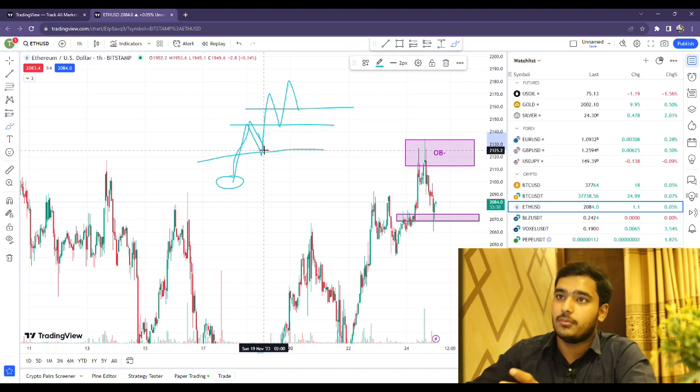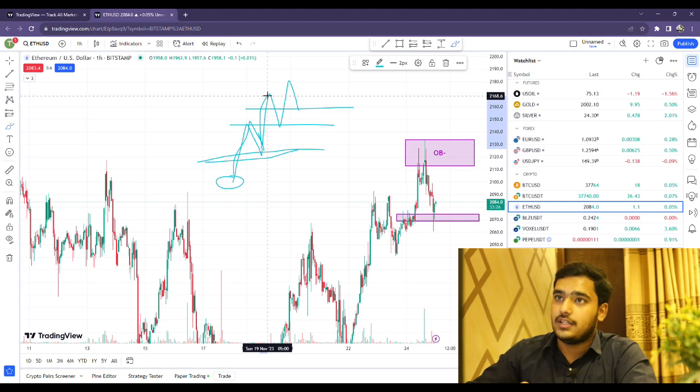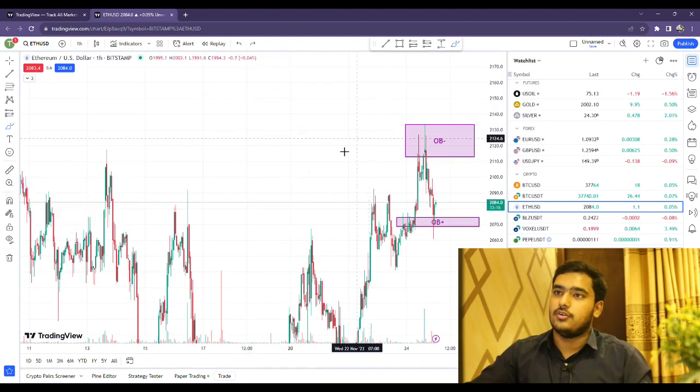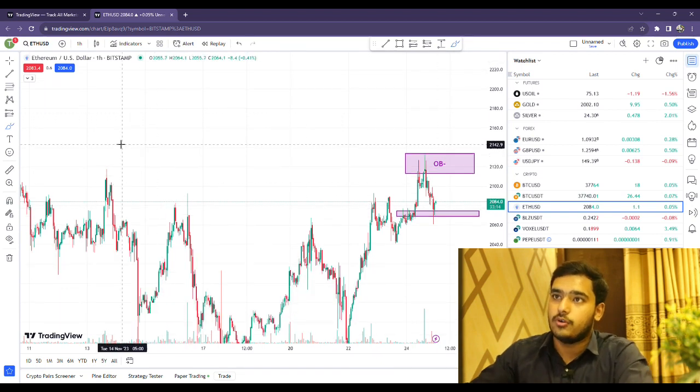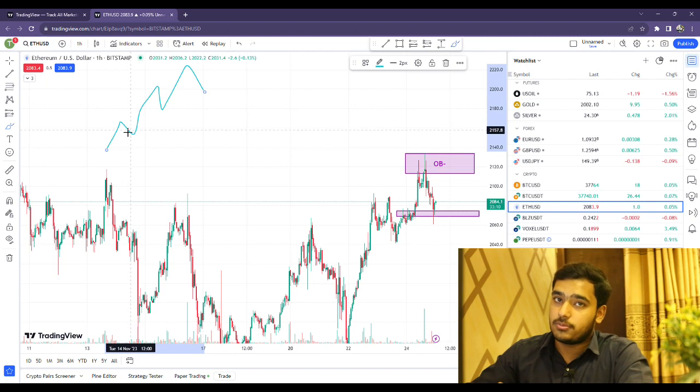As you can see, the market keeps going up, followed by the retest of the previous high we have. So this is how the bullish market structure looks like. The market keeps going up, followed by the retest of previous highs. So this is called the bullish market structure.